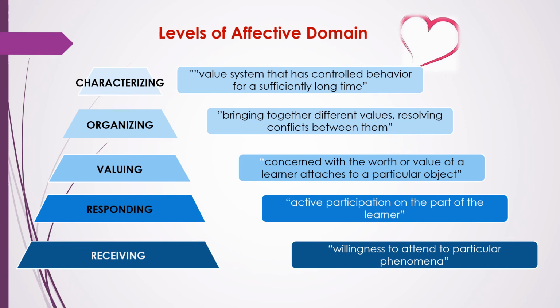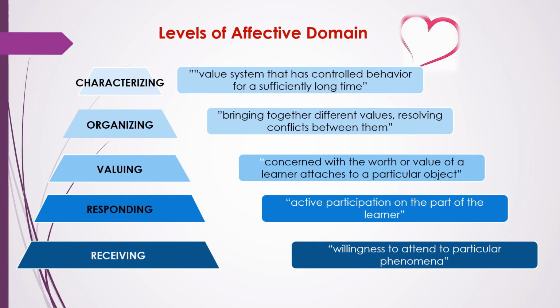The individual or the learner has a value system that has controlled behavior for a sufficiently long time for him or for her to have developed a characteristic lifestyle. So thus the behavior is pervasive, consistent, and predictable.